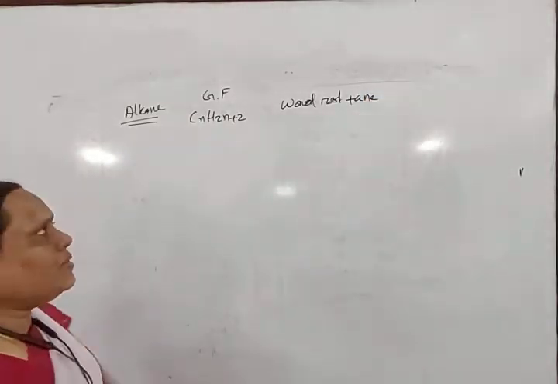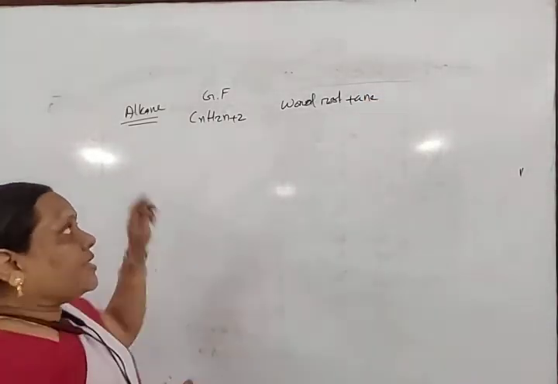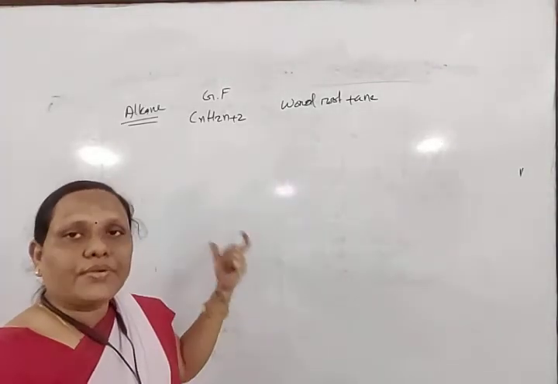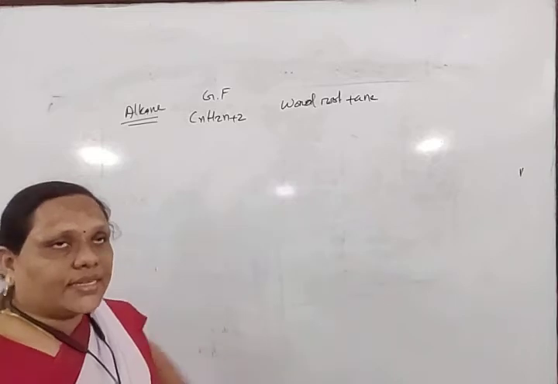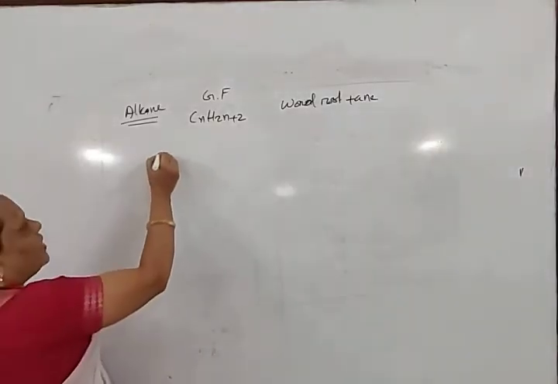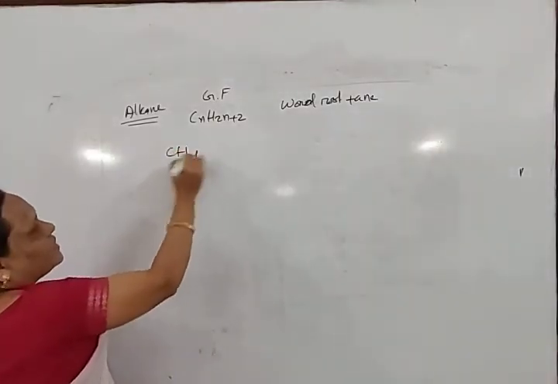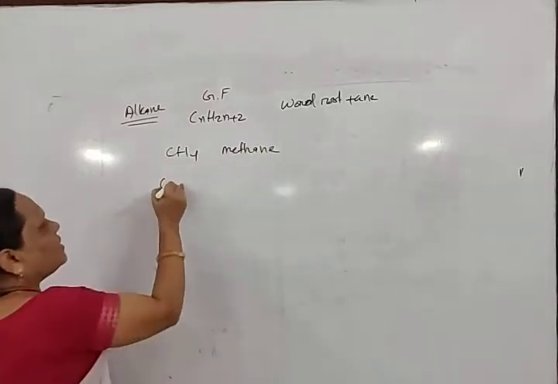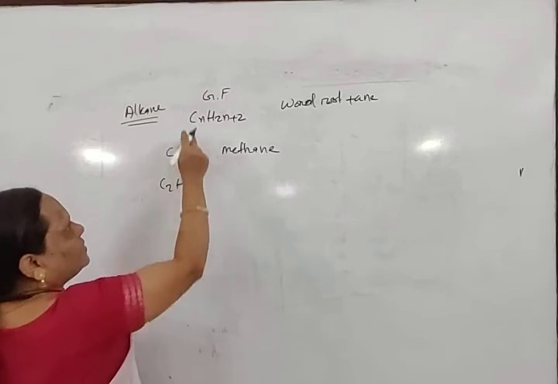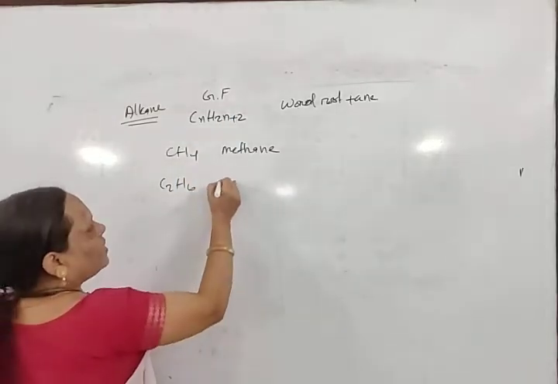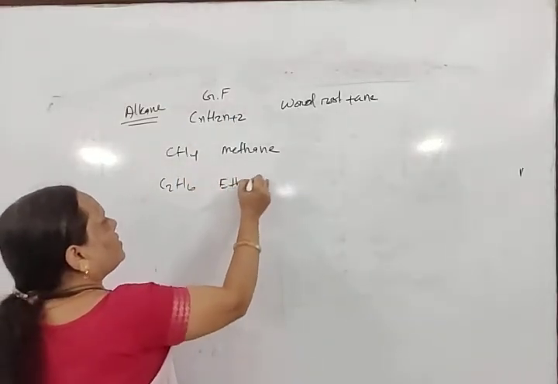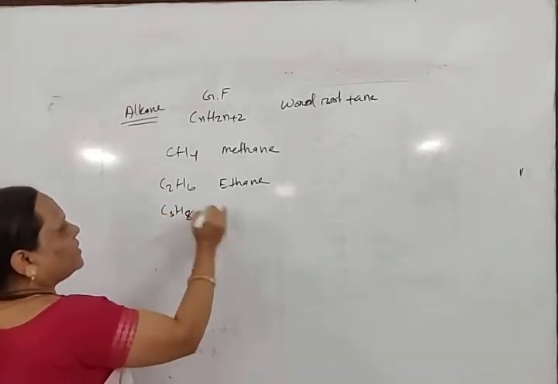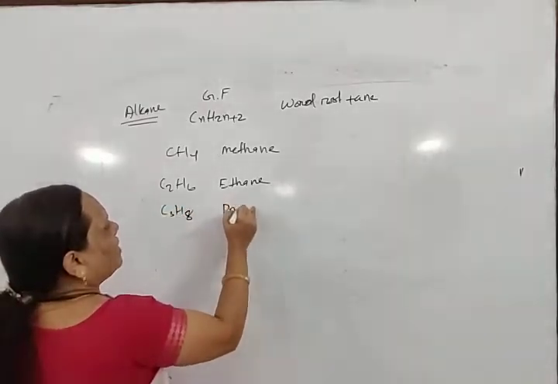Here I am going to talk only about straight chain compounds first; later we will discuss branched chains. CH4 is methane, C2H6 is ethane, C3H8 is propane.